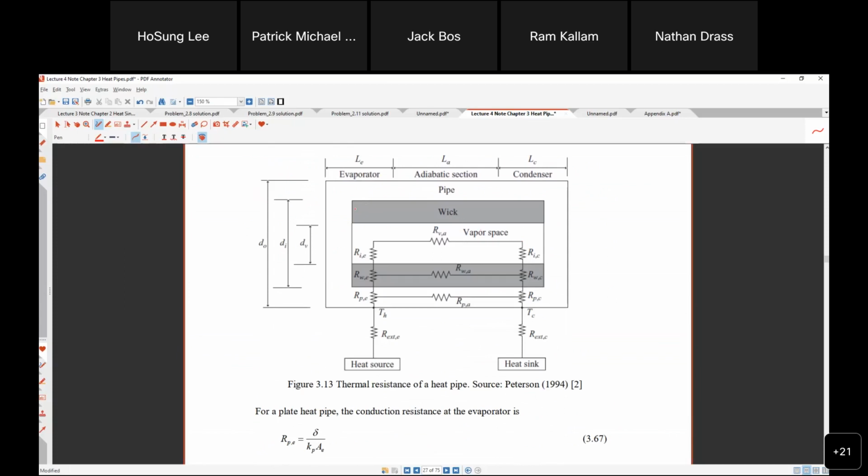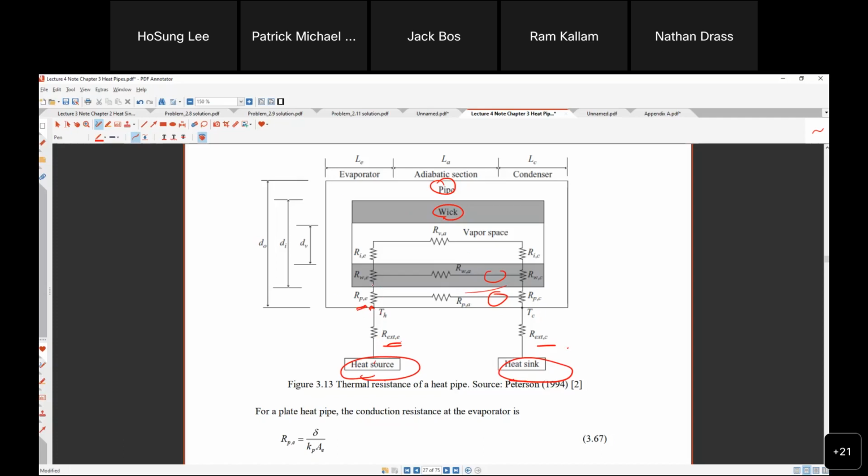This is a heat pipe and the wick, the pipe, the wick. Do you see that? Pipe, wick, pipe, wick, and then a source at high temperature and a low temperature. So I put the resistance between these two: external evaporator and condenser, similar, and the pipe resistance.